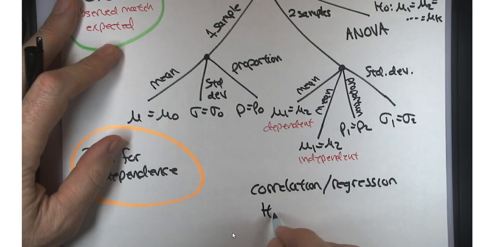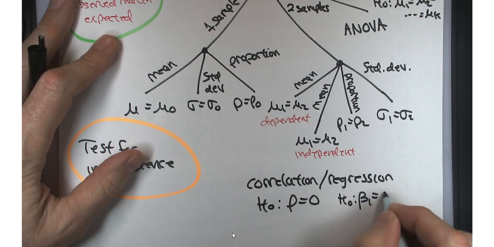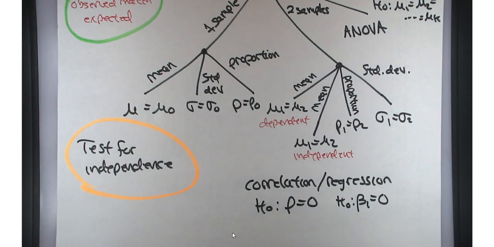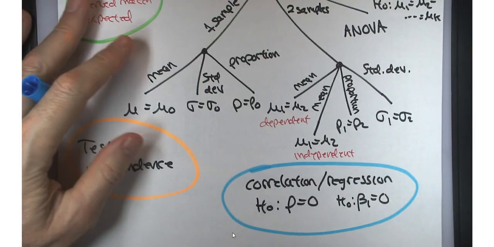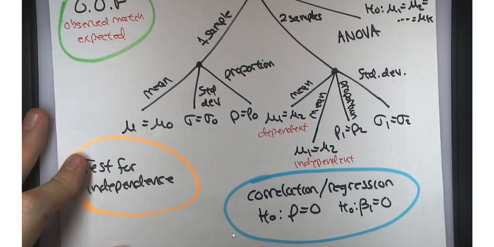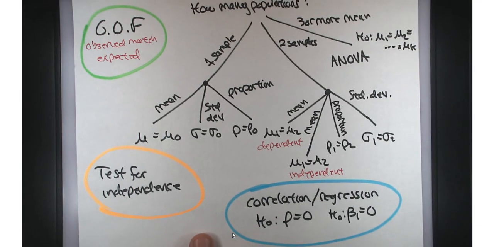That's going to be either H0 such that rho equals 0 for your correlation, or H0 such that beta 1 equals 0. Those are your correlation and regression tests. It's the same test. So none of these last three fit neatly into this tree, but those are the different hypothesis tests that we discussed this semester.